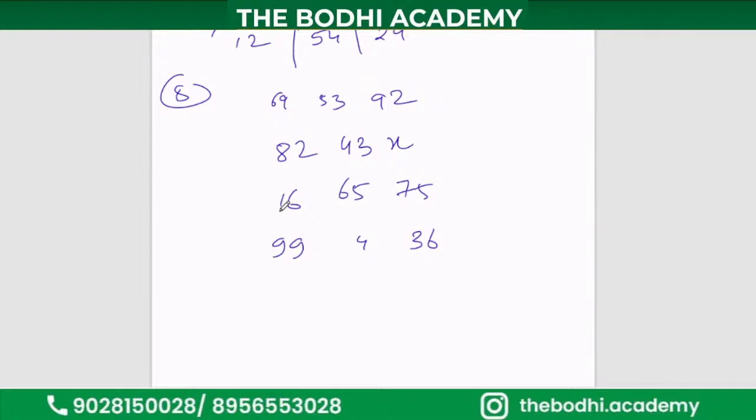Now again this is 4 cross 3. That means the logic applies vertically. Now what do you think the answer could be? Think of something. We have small numbers, we have big numbers also.